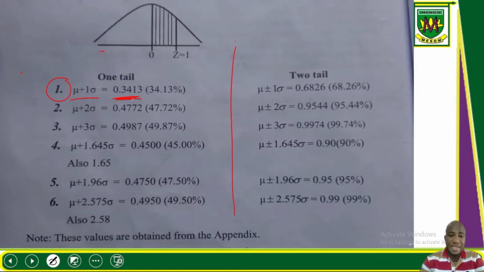But anytime it is two-tailed, when you are moving one standard deviation, just like we have at the right side, but two-tailed, you will not get this on the table. This value wasn't obtained from the table, but it is what we got here, the first value, the one-tailed, that has been added to itself, or that has been multiplied by 2.